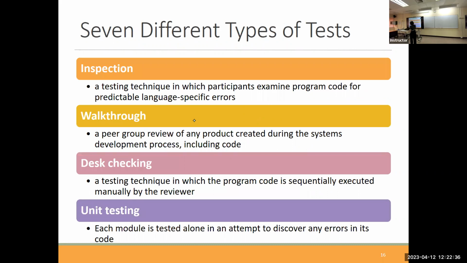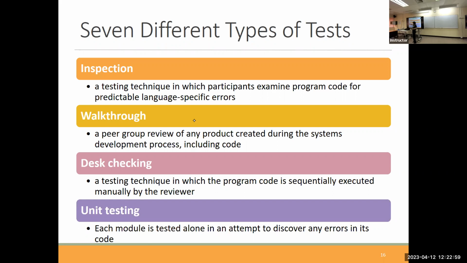And in another dimension, we can define the types of testing into code inspection, a technique where you examine the code, by programmers, not the user, the developer, or a technique called walkthrough.